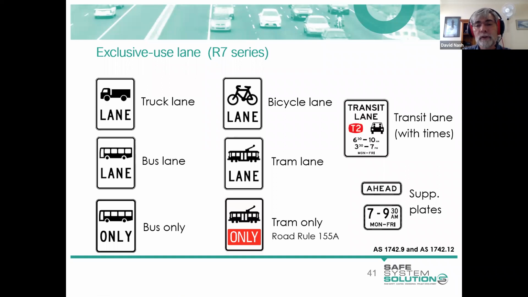It might be difficult for people to interpret, but if you ask general members of the public what a T2 lane is, often they don't know. So the idea is to try to educate people with the words, the T2 and the symbol all together. And again, there are many supplementary plates that can go with those types of signs.